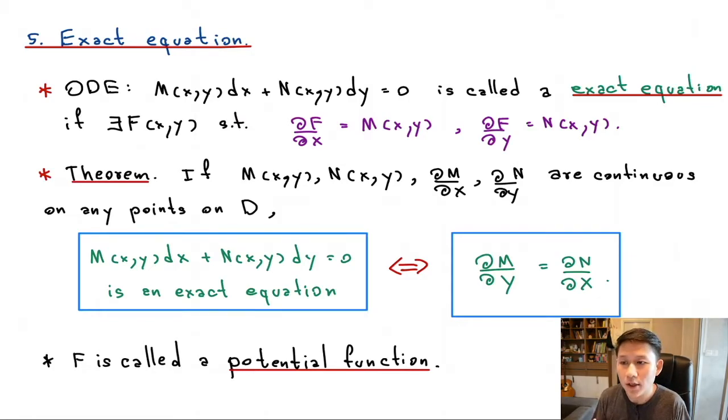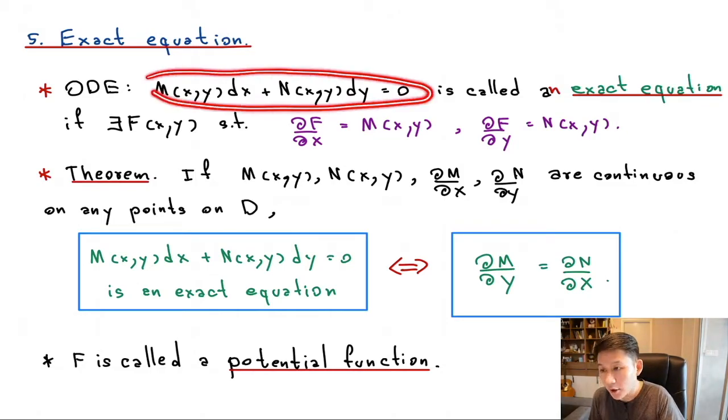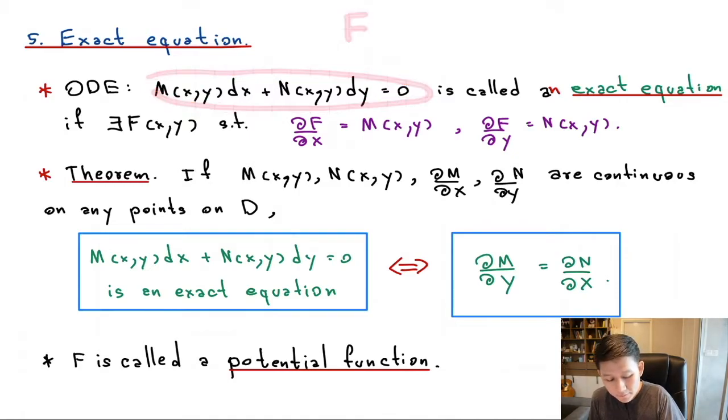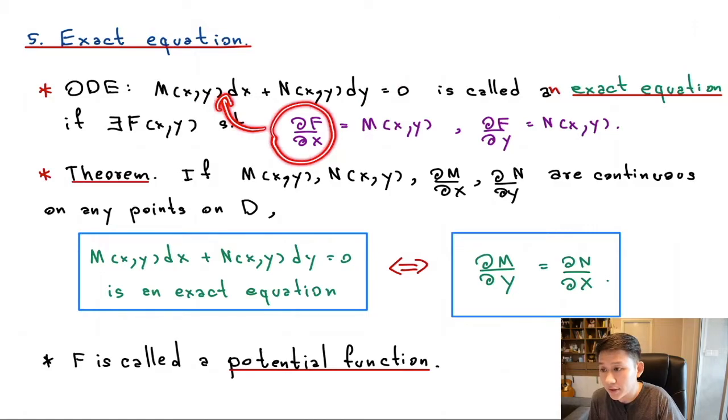This is called an exact equation if there exists a function f such that df by dx is M and df by dy is N. So again, this ordinary differential equation is called an exact equation if there is a function f such that df by dx equals M and df by dy is N.